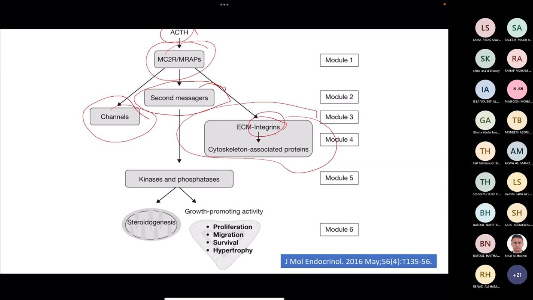Those are receptors that bind and attach to the extracellular matrix. And as they bind to the extracellular matrix, this affects the cell inside. This is called outside-in signaling.